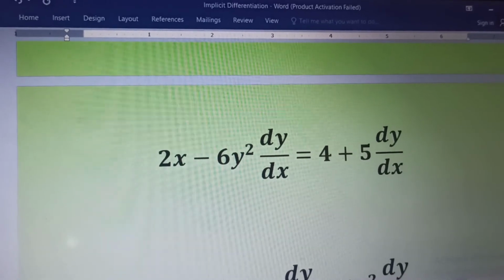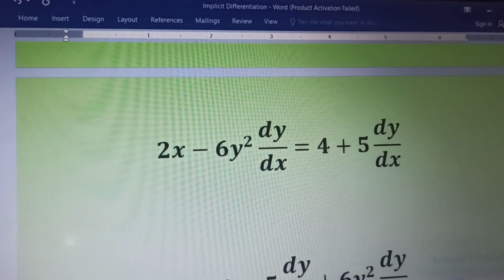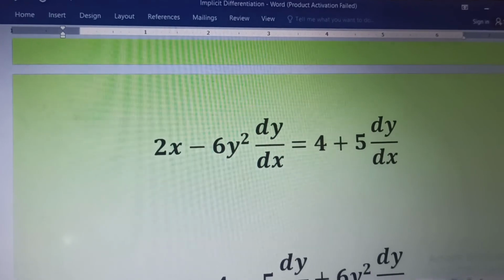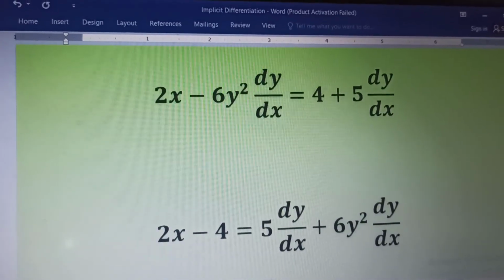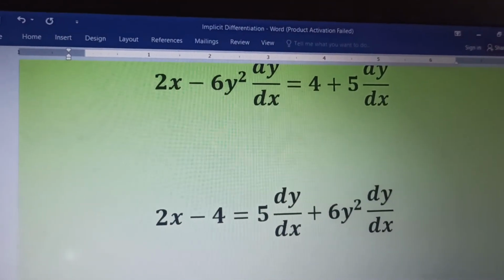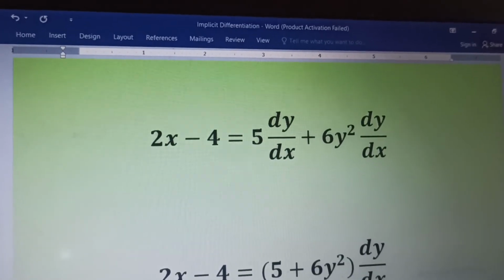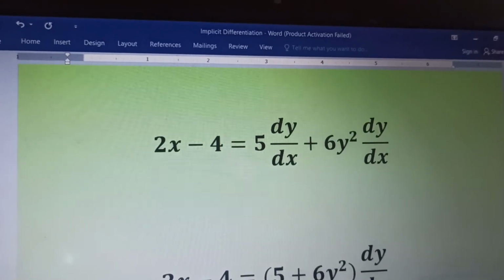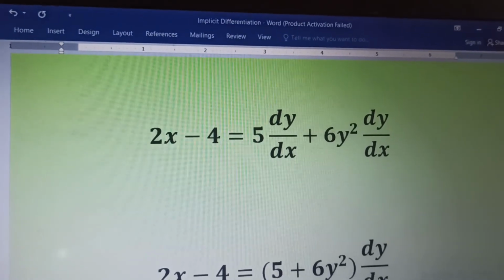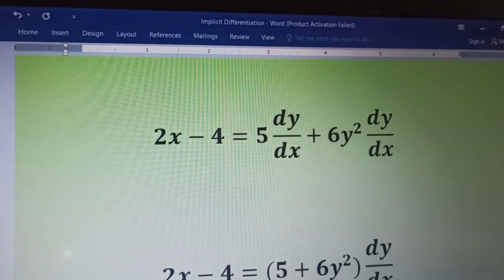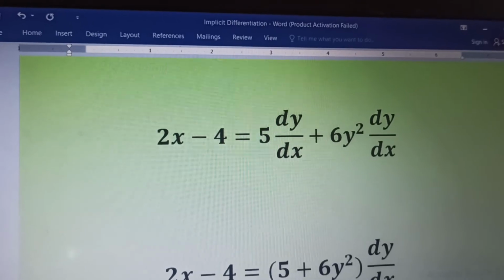You can see that we have dy dx both on the left hand side and on the right hand side. So we are going to collect the like terms. We have 2x minus 4 is equal to 5 times dy dx plus 6y squared dy dx.